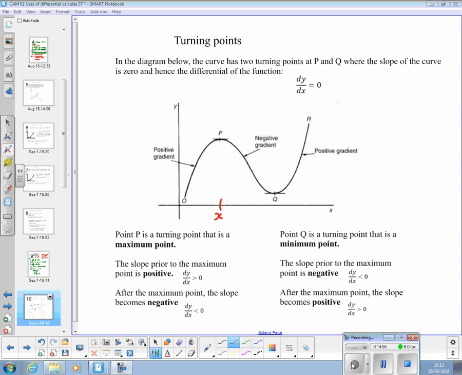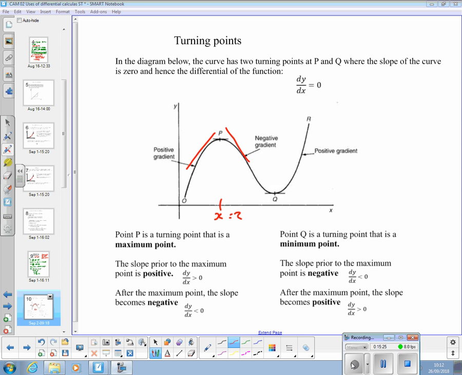Then we look either side. Let's say we find that x is equal to 2: if we look at x is equal to 1.5, and x is equal to 2.5, and we find a negative slope, we know that that turning point is a maximum.